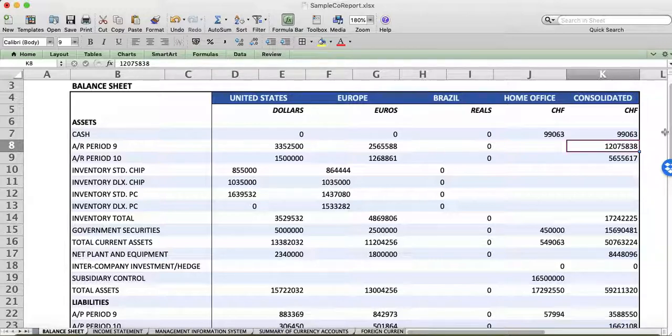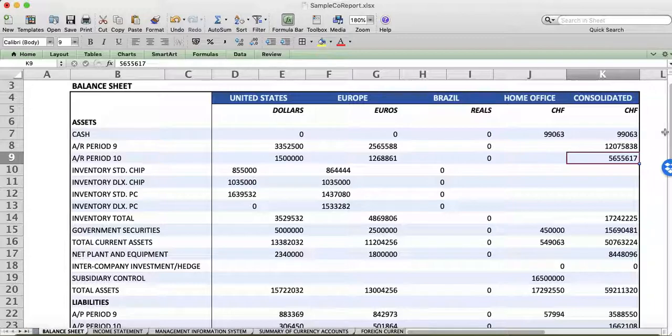You will have a consolidated account receivable, which is the sum of the account receivable in the United States and in Europe, but converted into Swiss francs at the rate of exchange of this particular quarter, which here is quarter 8.